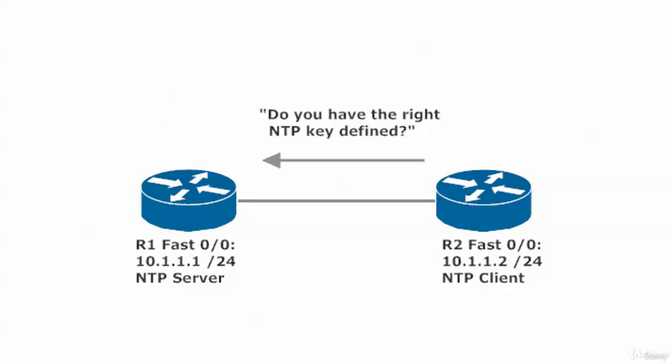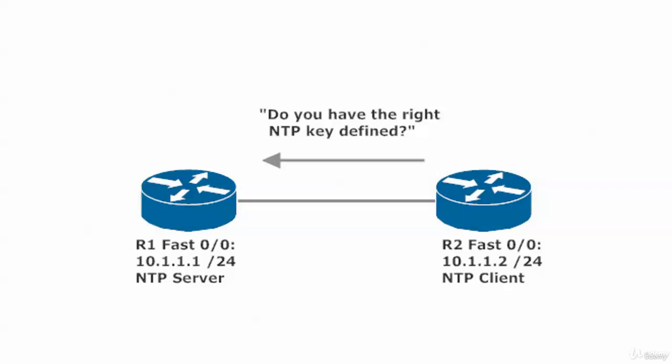Because with authentication, when you see server client with authentication, what do you think first? Well, the server is going to make sure the client is who the client says he is. That's not really what's going on with NTP. What's going on with the client is it's saying, okay, I will accept time updates only from a device that I can trust with the information that I have been configured with.